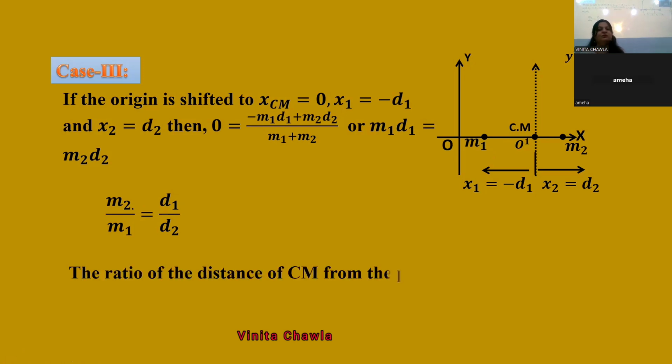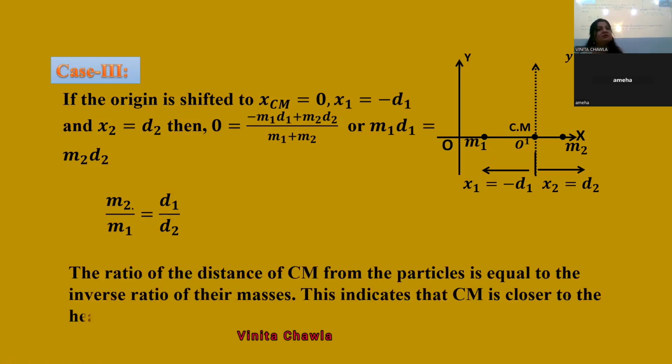The ratio of the distances of the center of mass from the particles is equal to the inverse ratio of their masses.